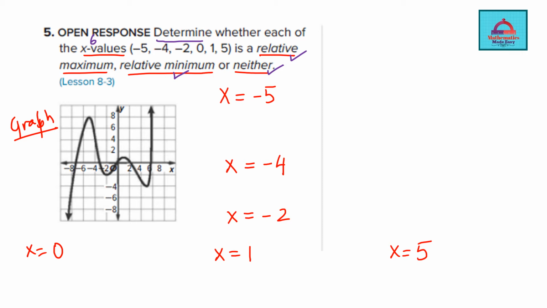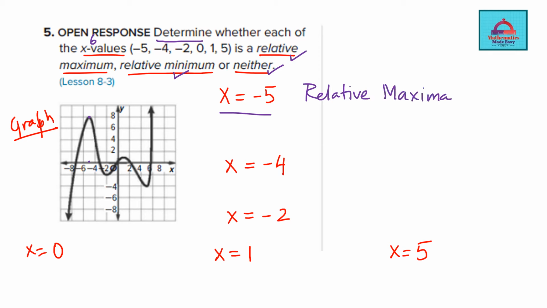So let's go to these points on the graph one by one and then discuss. So x equal to -5 means it is somewhere in between -4 and -6. If I go up, this is the point on the graph. So it's quite clear that x equal to -5 is a point of relative maxima.